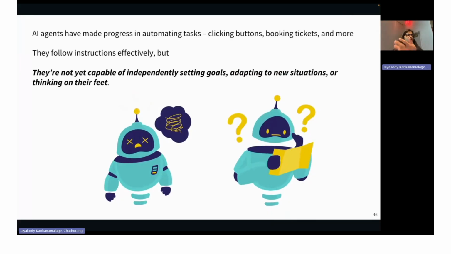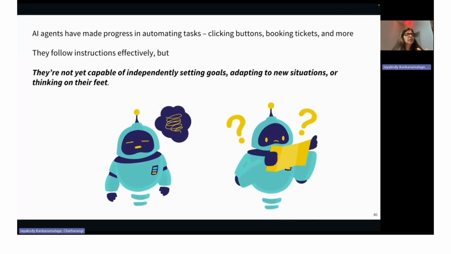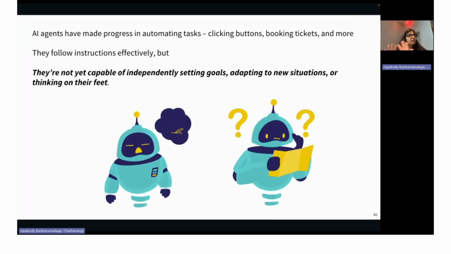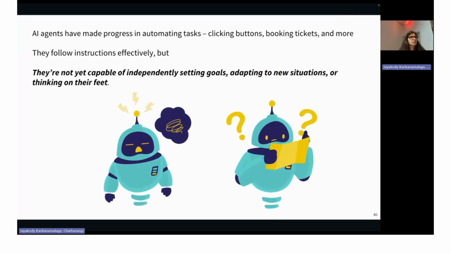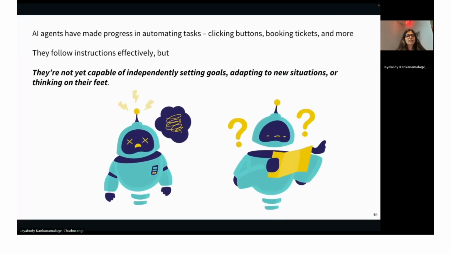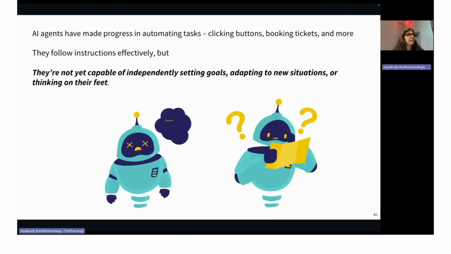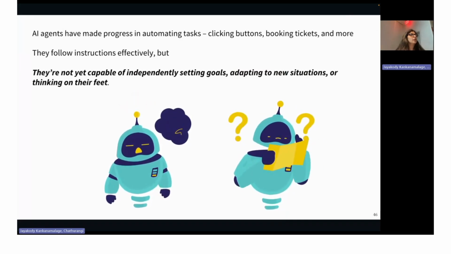So there is an agent working in the background, summarizing or creating meeting notes for us. So they are very good in some of these automation tasks. They're good at following instructions. But are they actually capable of independently setting up their goals, or adapting to a new environment, or maybe thinking on their own?